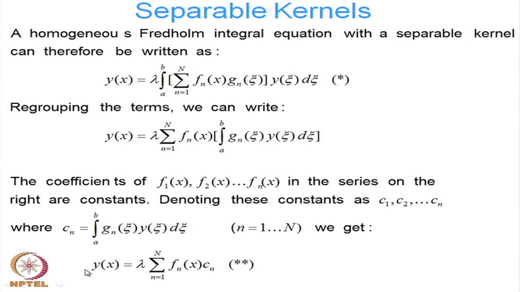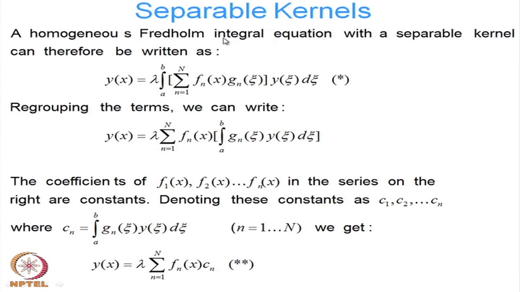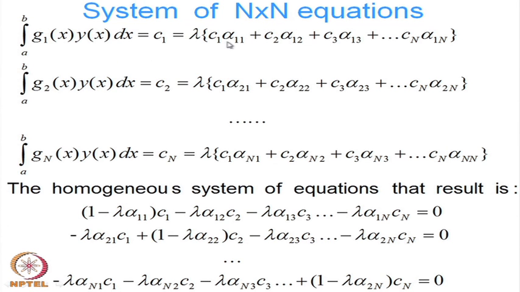On the right hand side I have lambda times the integral of g1 of x f of x: if it is f1 then I get alpha 11, if it is f2 I get alpha 12, if it is f3 that is going to give me alpha 13, and so on and so forth until I get C_n alpha 1n.